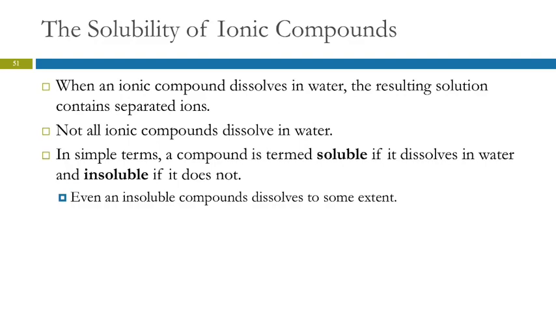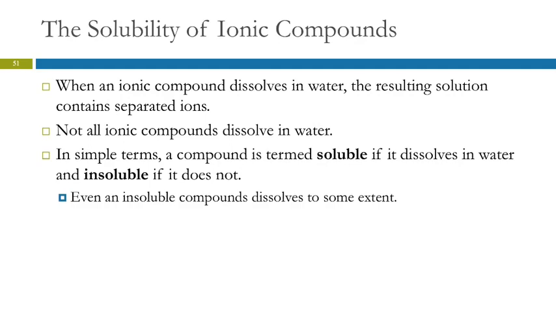But not all ionic compounds are soluble in water. We use the word soluble if a substance will dissolve in water, insoluble if it does not dissolve in water. Those are qualitative terms, and when you get kind of in between, then it's a little hard. Do you say this is insoluble or soluble?